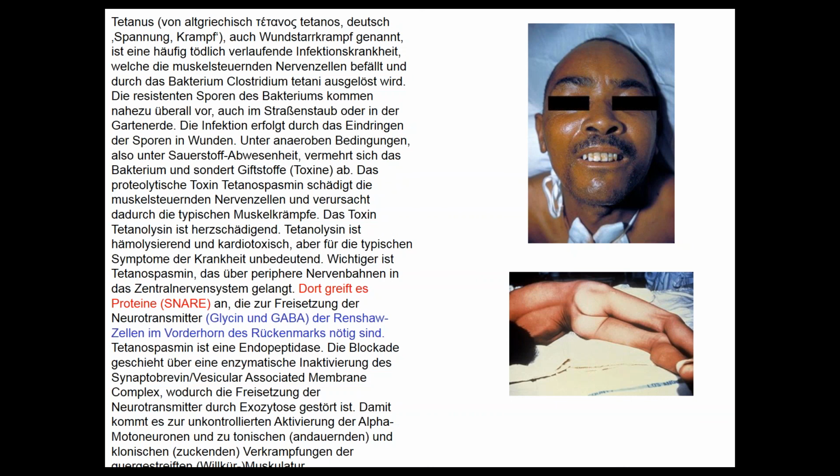But basically what happens here is these tetanus toxins attack SNAREs and SNARE proteins, which are involved in vesicular transport of signaling molecules like glycine and GABA that act as neurotransmitters in the spinal cord and in the brain. And actually, this is quite similar to botulism toxin, which is another toxin made by Clostridium bacteria that runs over SNARE proteins.